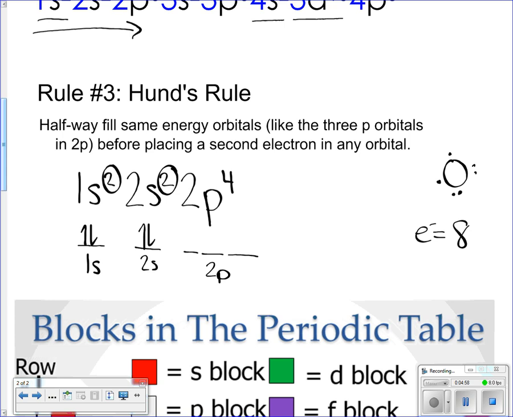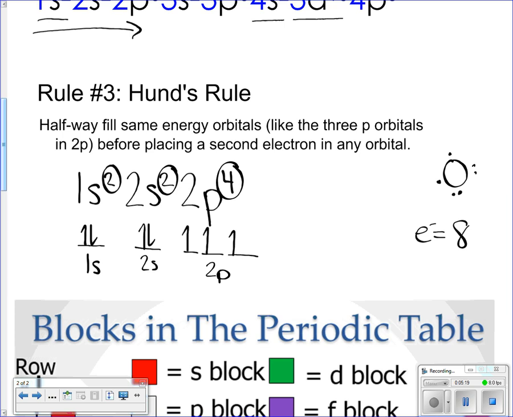So I've got 4 electrons in the 2p. So I'll put one electron in, and now I'll put another electron in the second orbital, and then another electron in the third orbital. Notice I have to halfway fill up all of the same energy level orbitals before I pair any up.